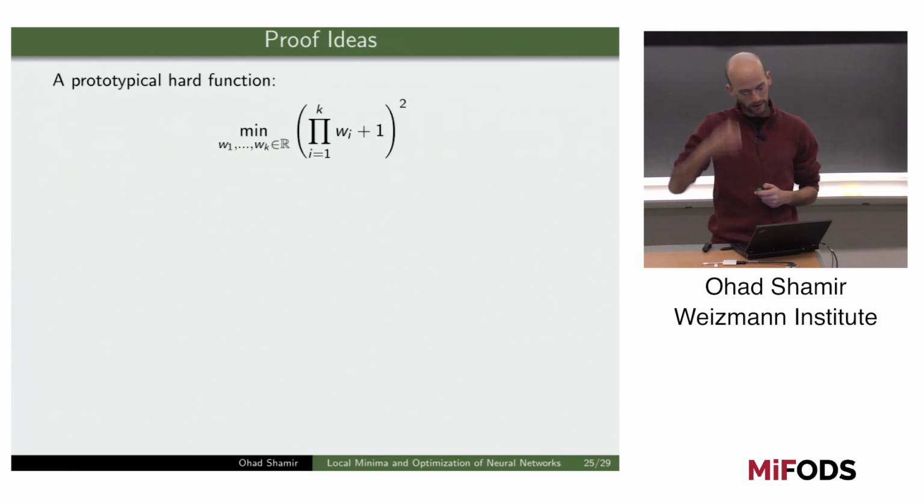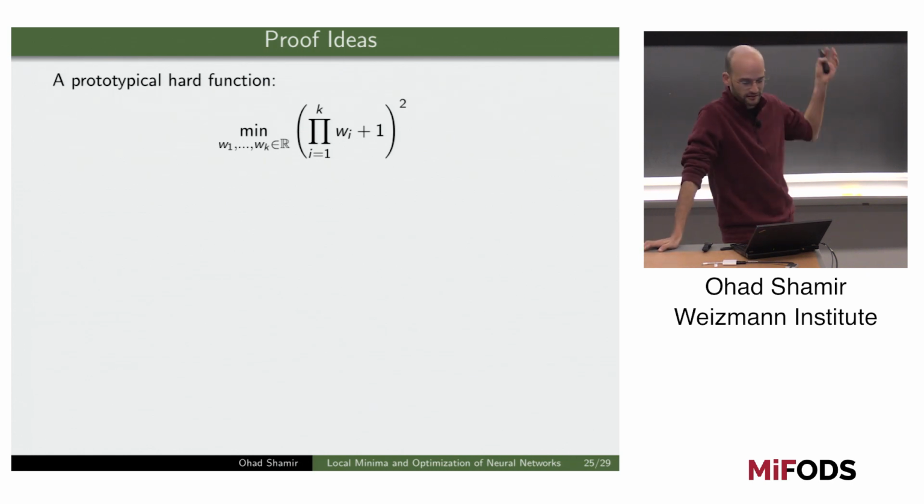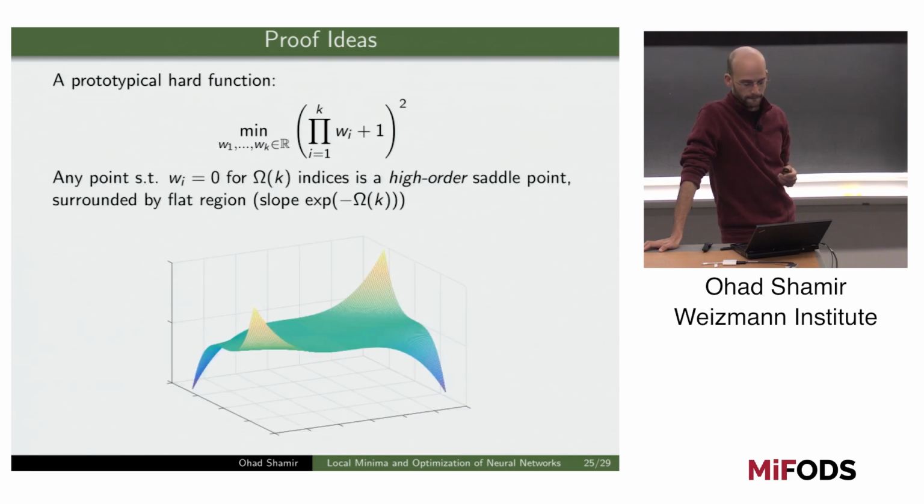I'll talk a little bit about the proof ideas. The prototypical hard function here, although it can be generalized, is when we take something like the squared loss and try to optimize a function which looks like this. Now, geometrically, the difficulty here is that if you take any point where a lot of these WIs are 0, then you are at what is known as a high-order saddle point.